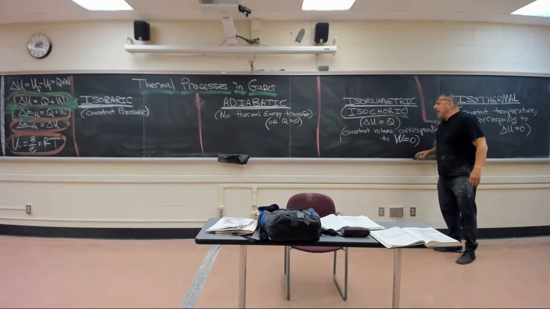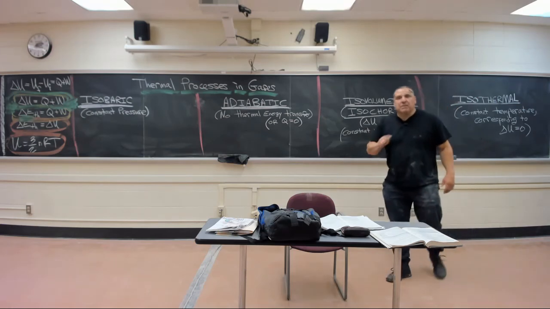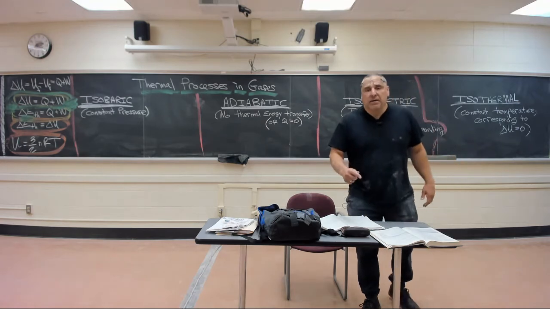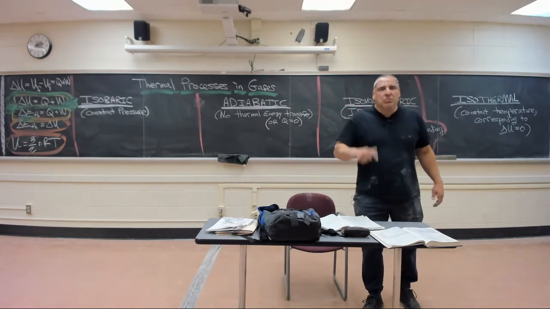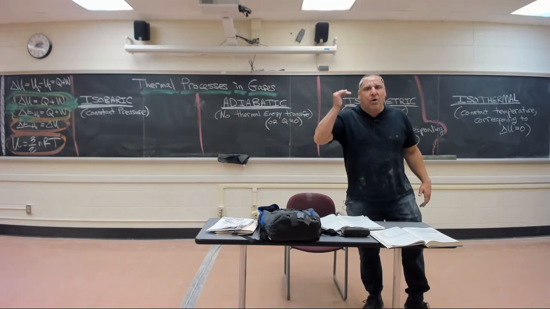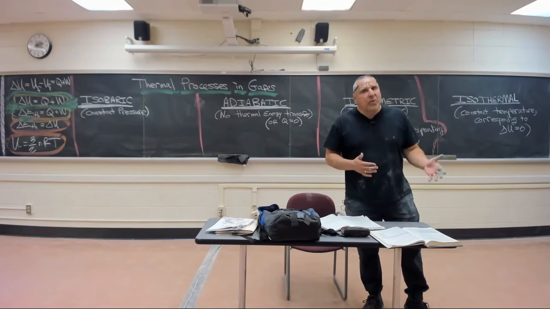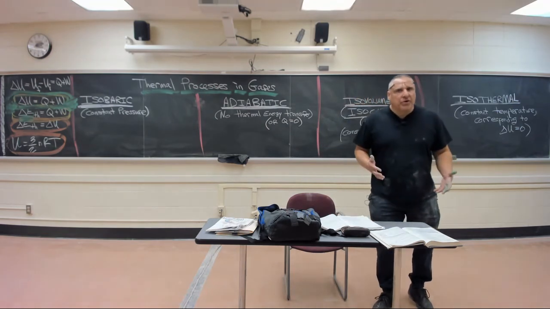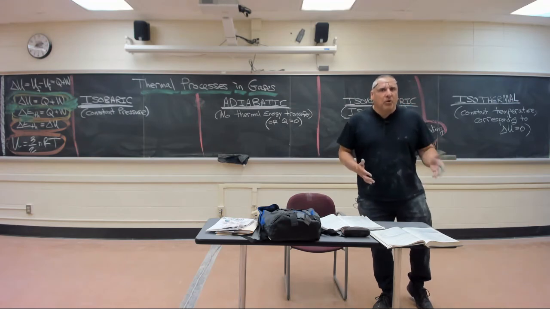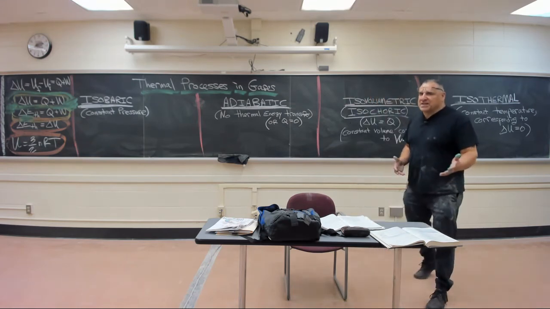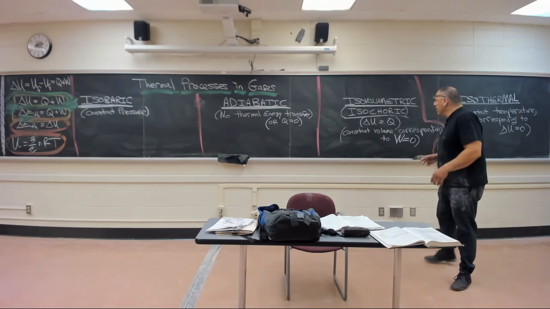So let me come back to isovolumetric, isochoric. For there to be work done, there has to be a movement of the piston. If the piston doesn't move either in or out, the volume doesn't change. Force times distance is where we get work. If the piston doesn't move, there's no distance traversed with the force that's being exerted. If no distance is traversed, no volume is changed.